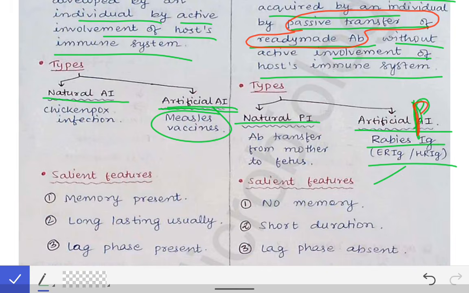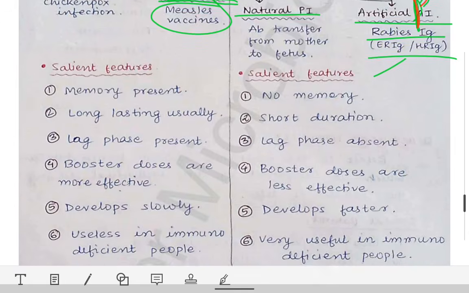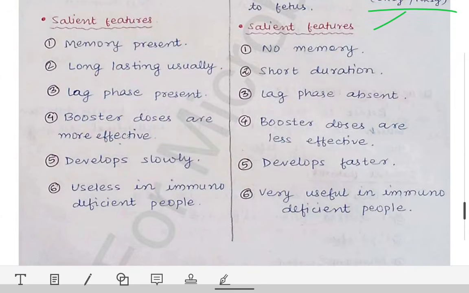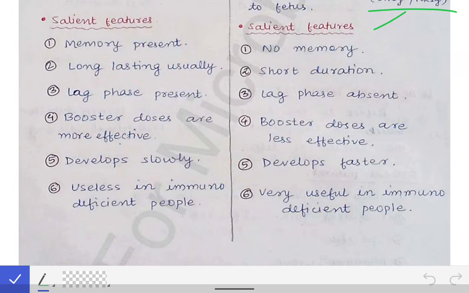Now come to the salient features of the active and the passive immunity in a difference-wise manner, so that it becomes easy for you all to write the difference as well as the short note, whatever comes in the exam. The salient features of the active immunity and of the passive immunity. The salient feature of active immunity is that memory is present.